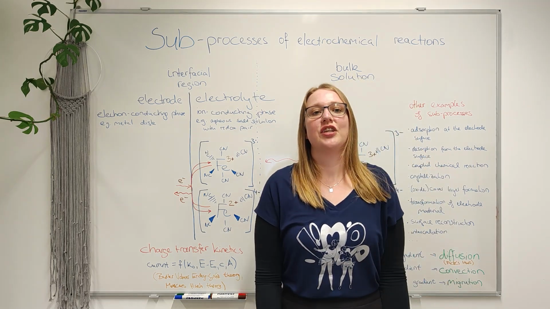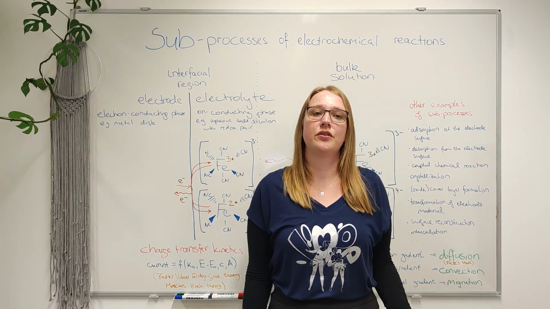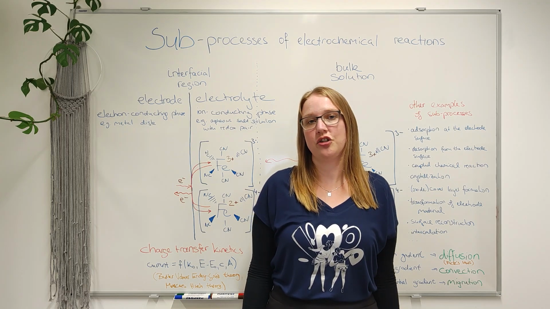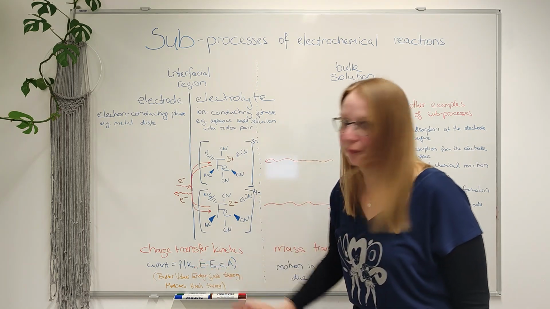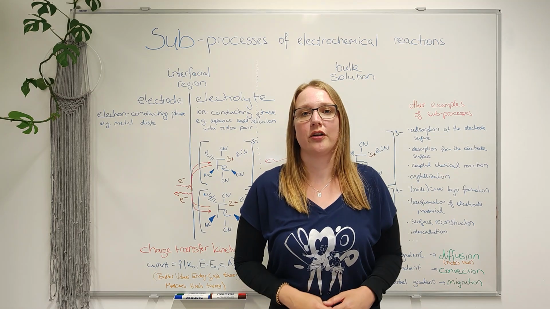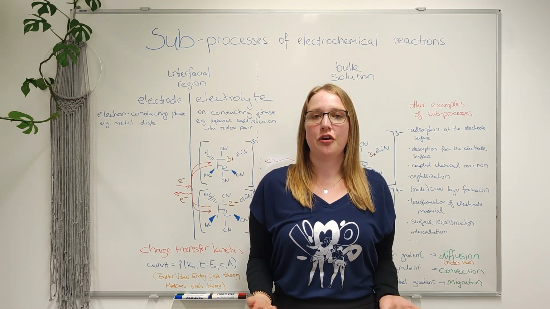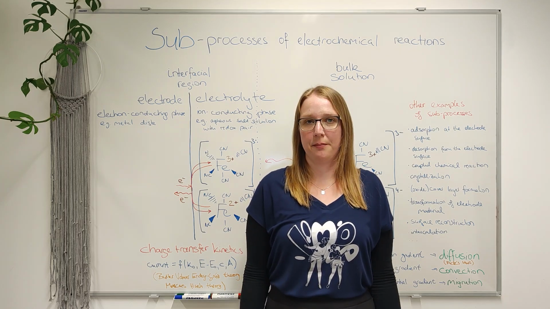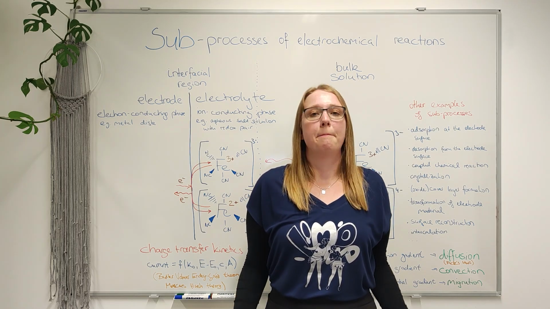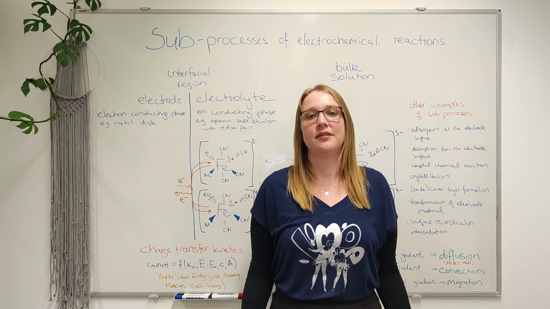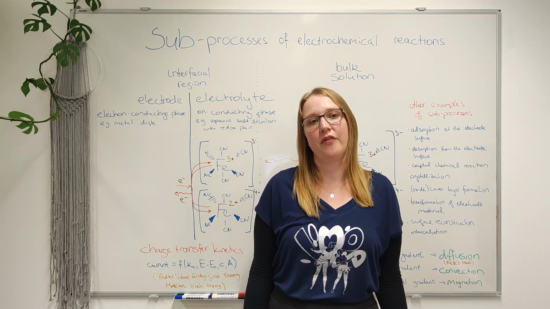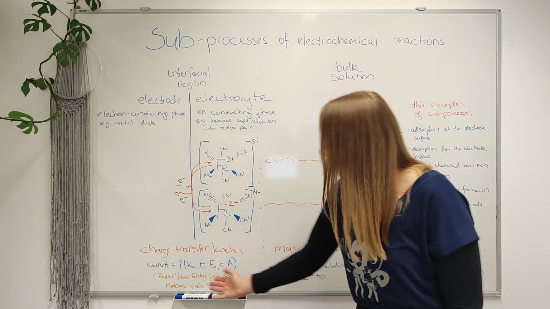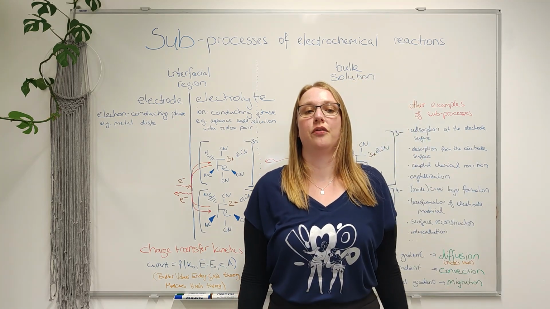The associated kinetically controlled current depends on the standard heterogeneous rate constant of the reaction K0, the reactant and product concentration C, the surface area of the electrode A, and is an exponential function of the applied potential E. Mechanisms for the sub-process and mathematical descriptions are provided, for example, by the Butler-Volmer theory or the Marcus-Hush theory.